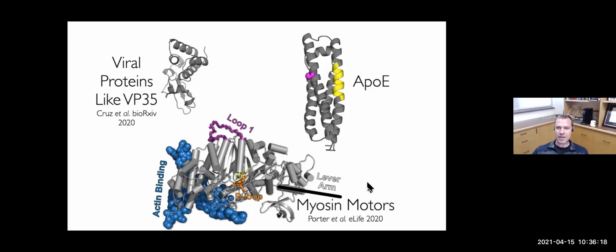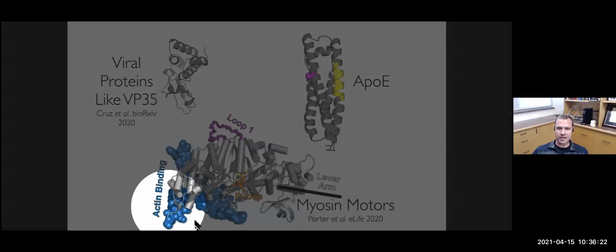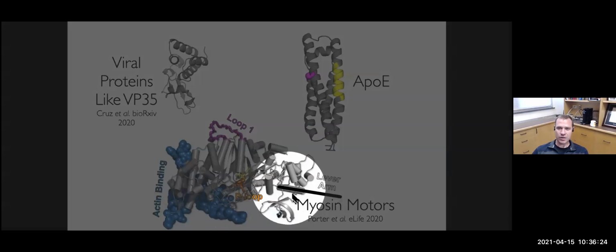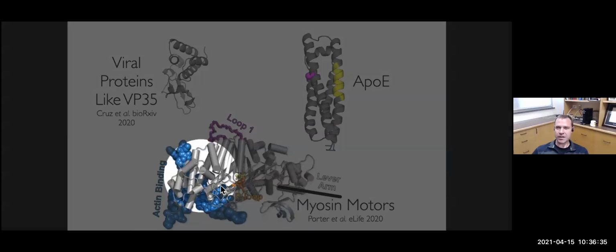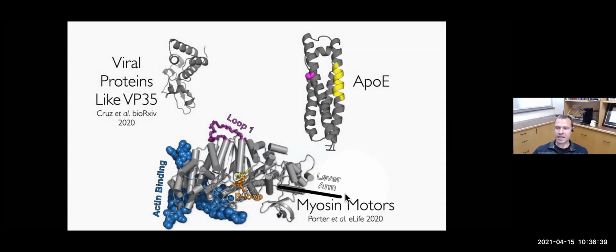It's really fascinating. We know that where it binds to another protein called actin over here somehow is communicating with where it binds to small molecules like ATP and ADP over here, and that catalyzing a chemical reaction here controls the affinity for actin over here and controls motion of this lever arm over here.